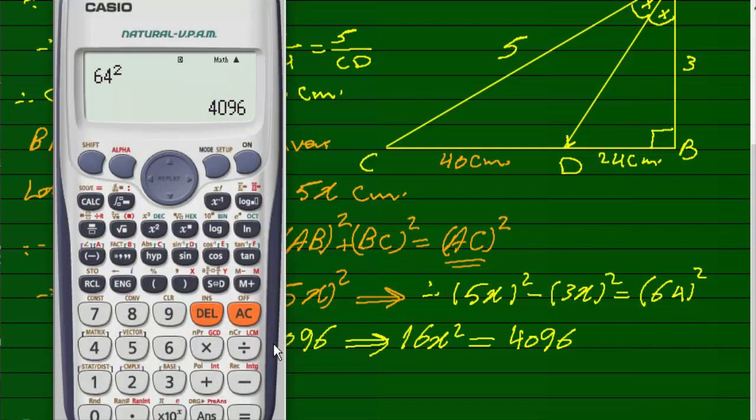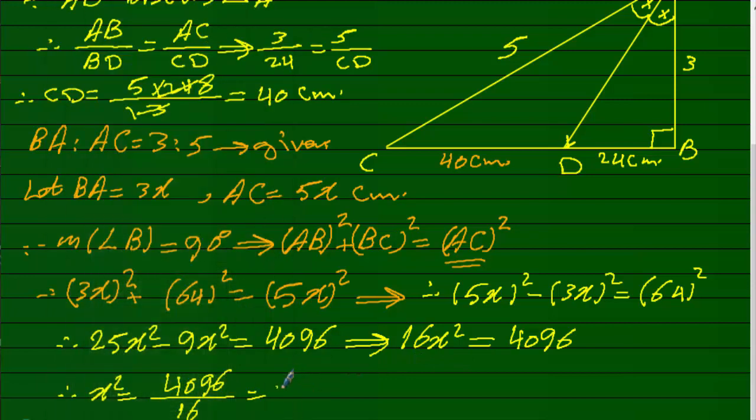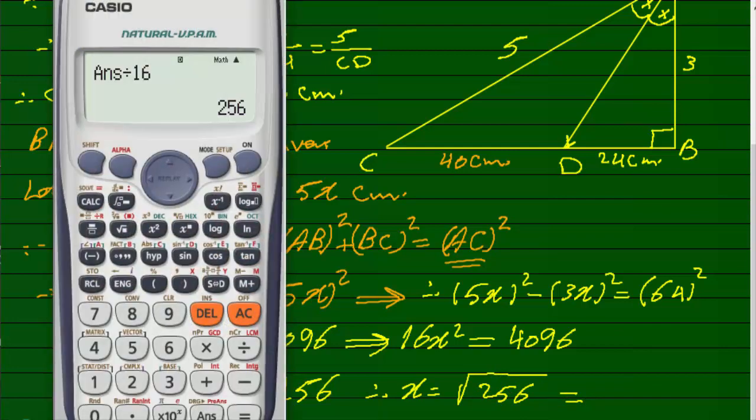Dividing by 16 equals 256. Then x equals the positive square root of 256, which equals 16.